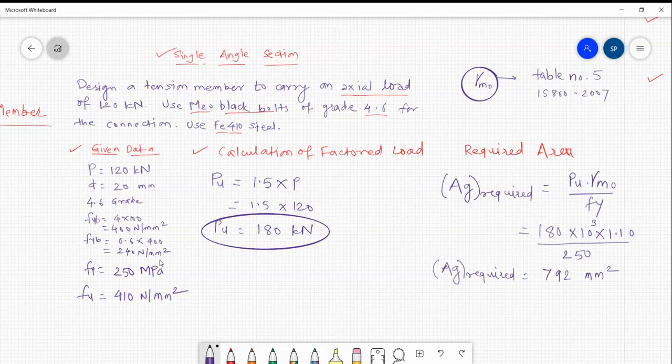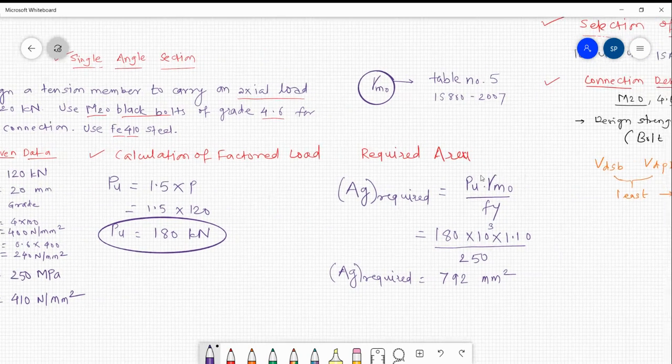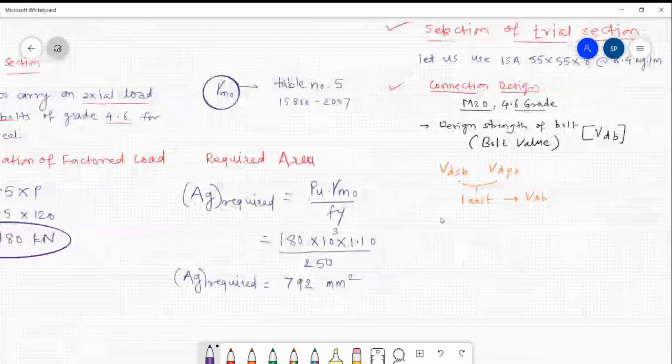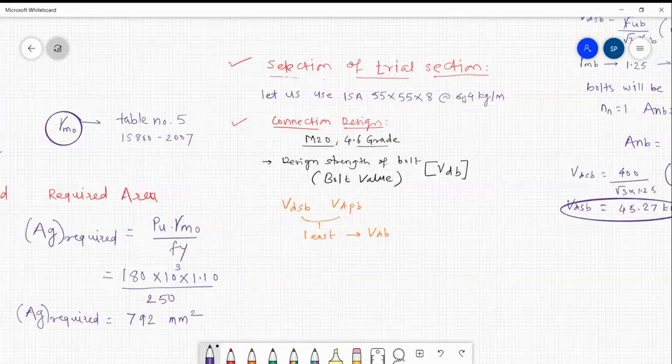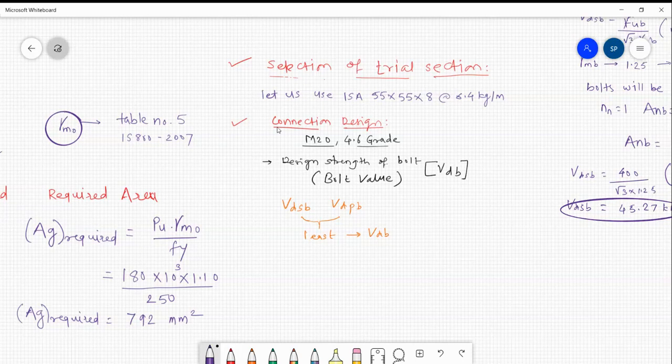We listed down the given data first, then calculated ultimate load by applying partial safety factor of 1.5. In the next step, we calculated required area. Once you get required area, you go for selection of trial section from steel table. Then you start with connection design.